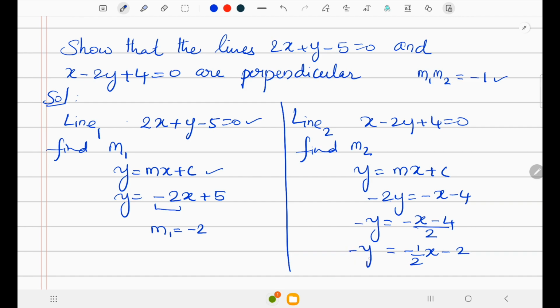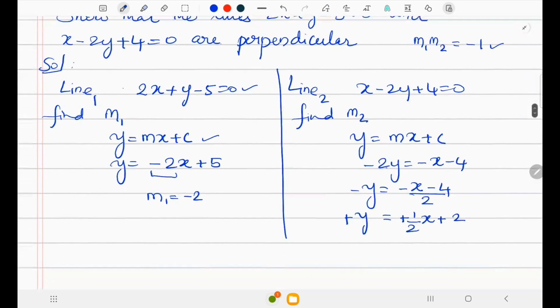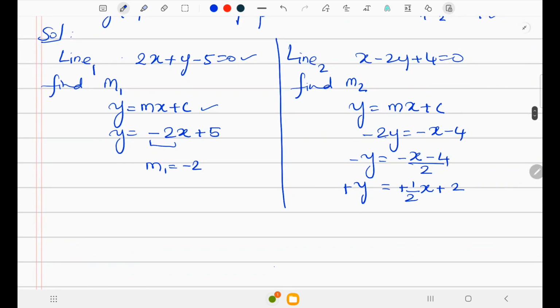It is minus y, so change the sign, this becomes plus. So y equals 1 by 2 times x plus 2. So here this is the m2. So m2 equals 1 by 2.